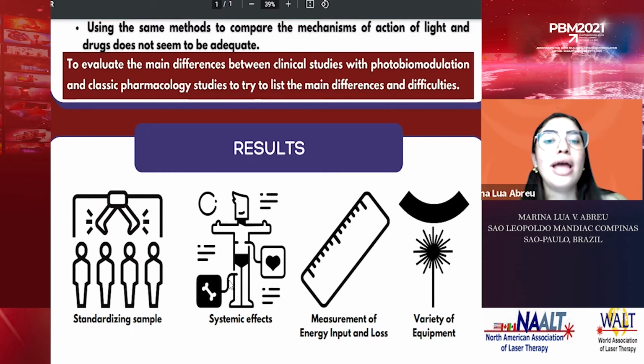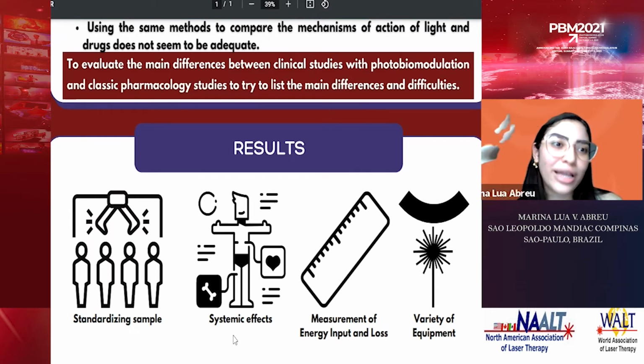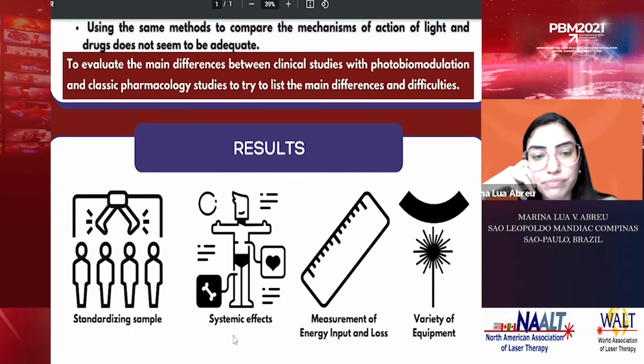Also, the systemic effects that happen in photobiomodulation studies, no matter where you irradiate. And sometimes in classical pharmacological studies, there are already defined methodologies to study the dynamics of the drug administration and the route in the body.